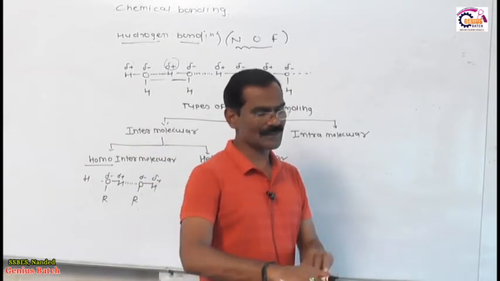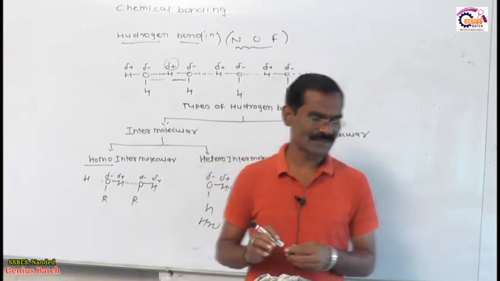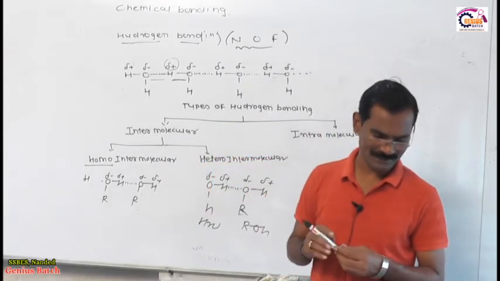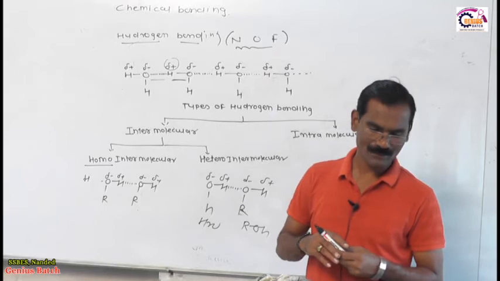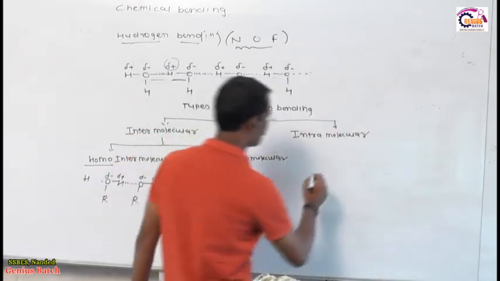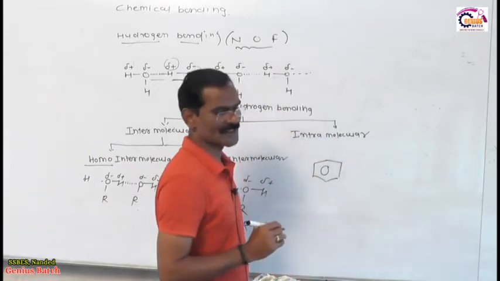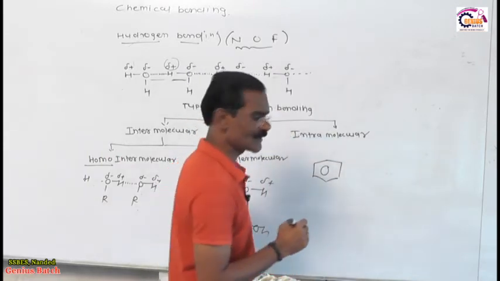Now what happens in intramolecular? Again, intramolecular has two types, homo and hetero. What is the meaning of intramolecular? It takes place within the molecule. Suppose I have this type of molecule, write it down below.